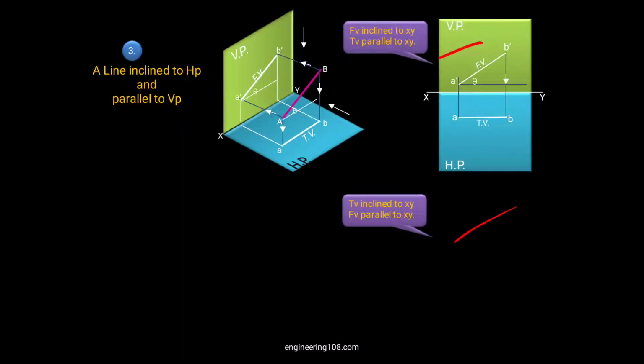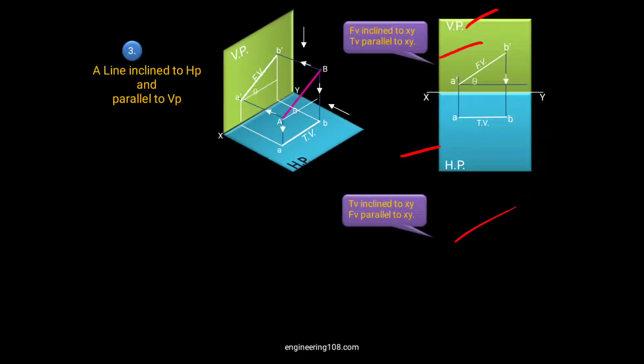Now this is the orthographic projection for the line inclined to HP. The line AB is inclined to HP. This blue color is HP and this is VP. Inclined to HP means the inclination is above the XY line, and point A dash is above HP, above the XY line, and in front of VP means below the XY line.